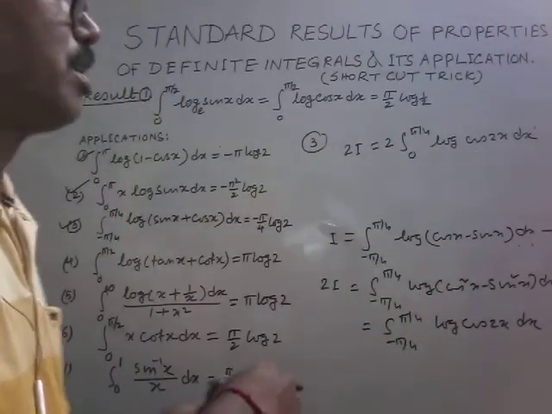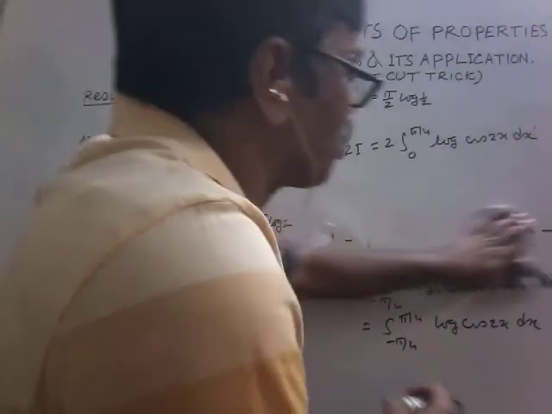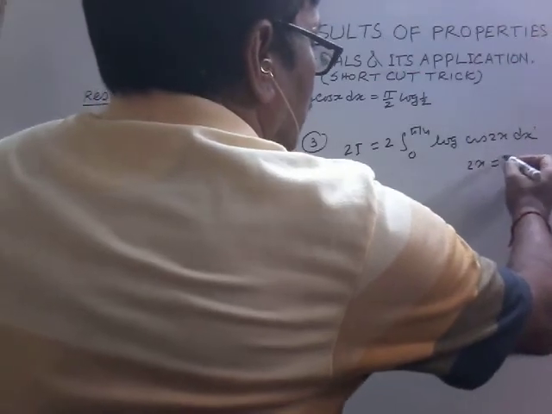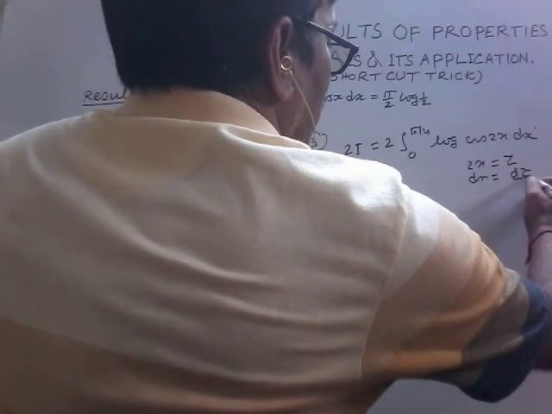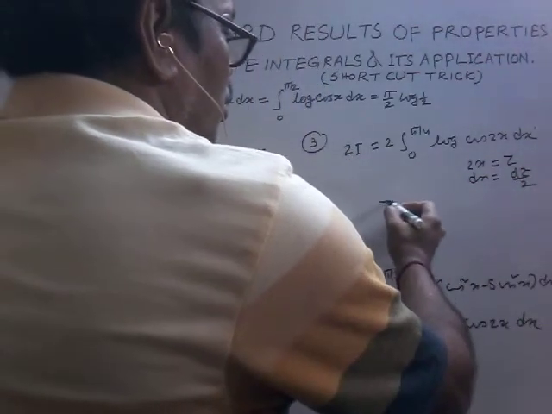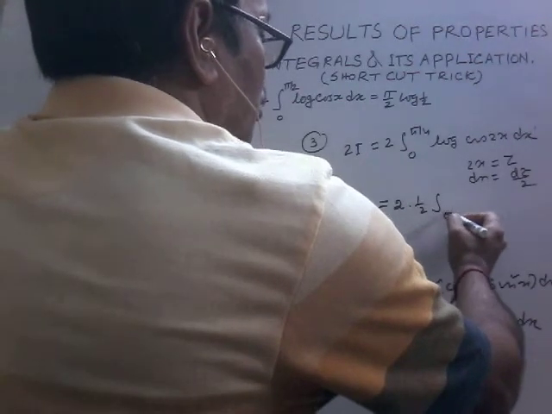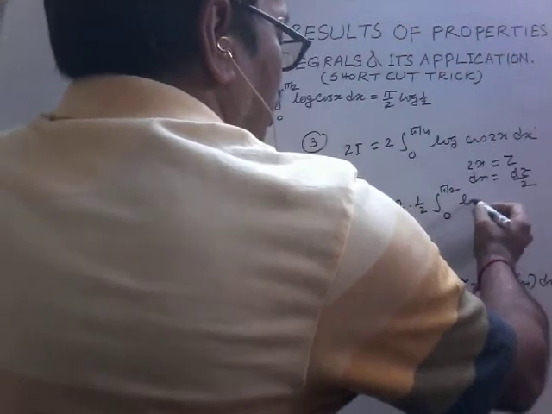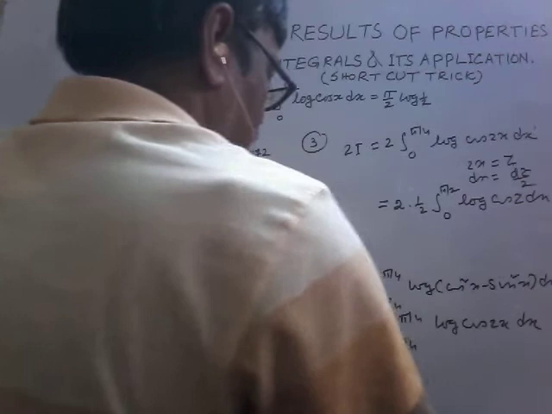Now our standard result has limit pi by 2 and variable x, so we put a transformation. 2x equals z, dx equals dz by 2. So we get 2 into half, integral 0 to pi by 2, changing the limit, of log cos z dz.